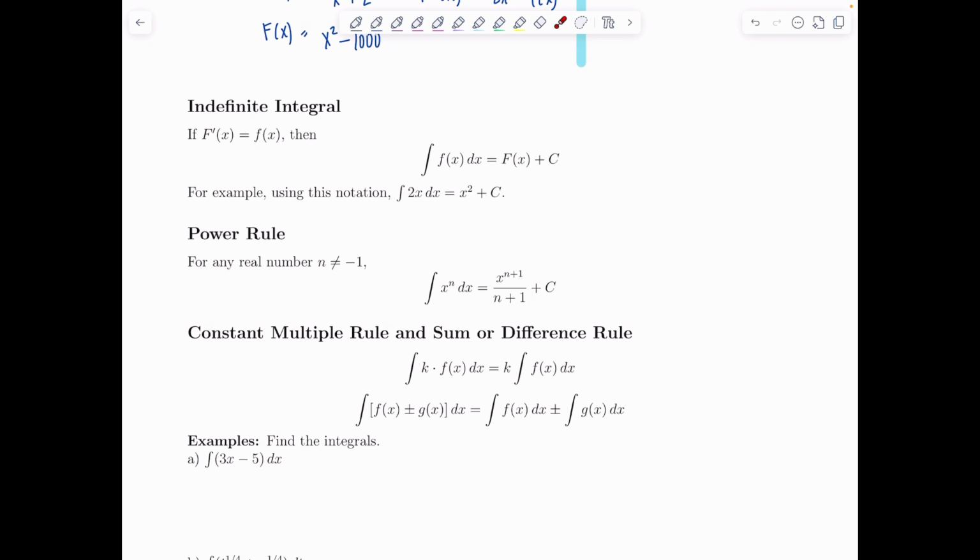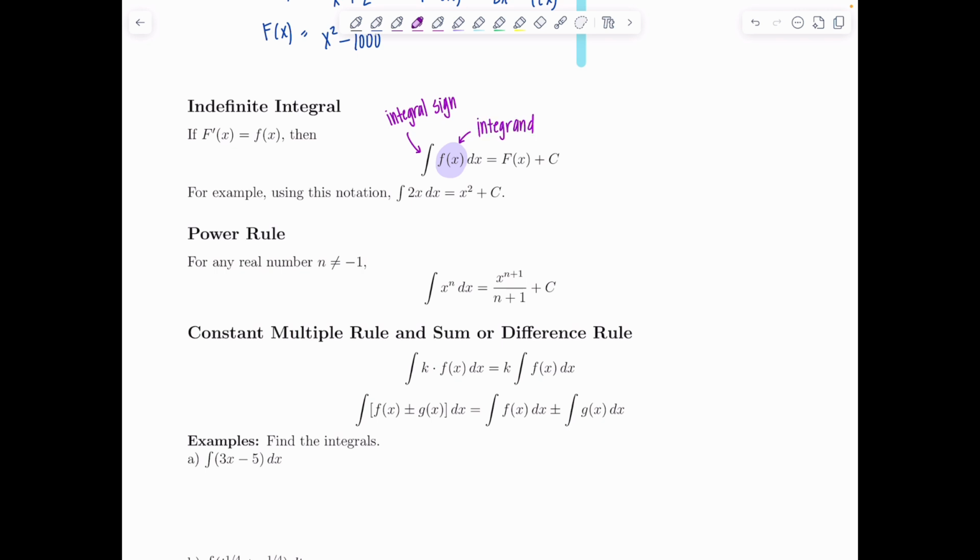You have this integral sign right here, which looks like a long skinny s, not by accident. This is an integral sign. And then the function whose antiderivative you're finding goes right here, in this case lowercase f of x, which we call the integrand.